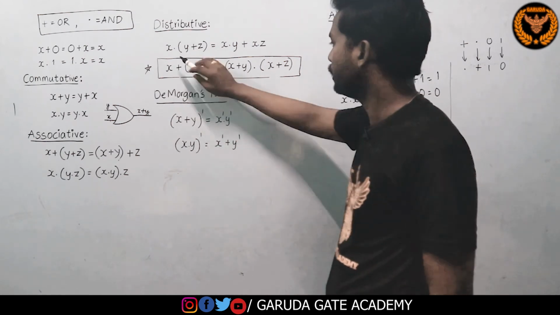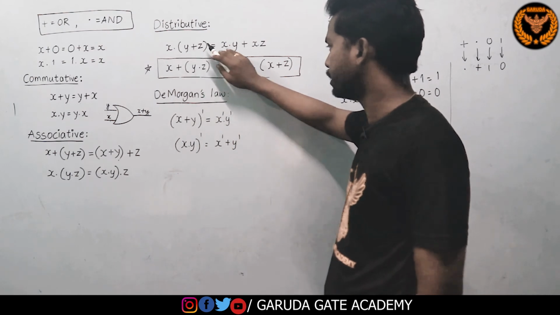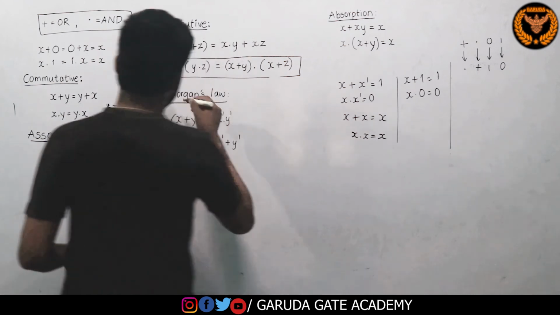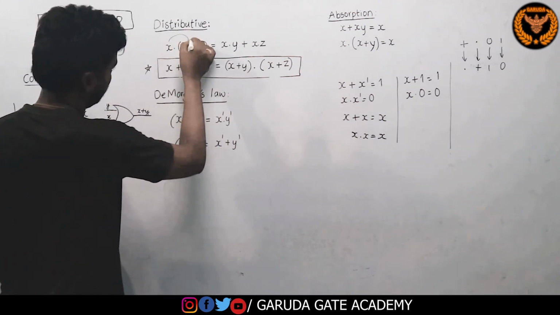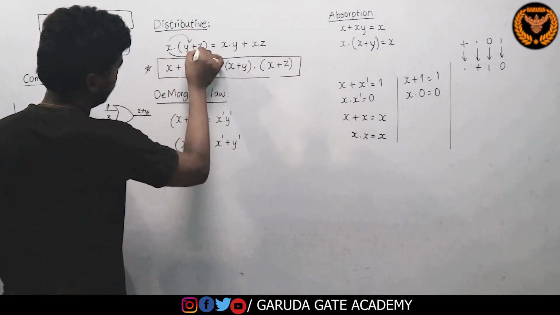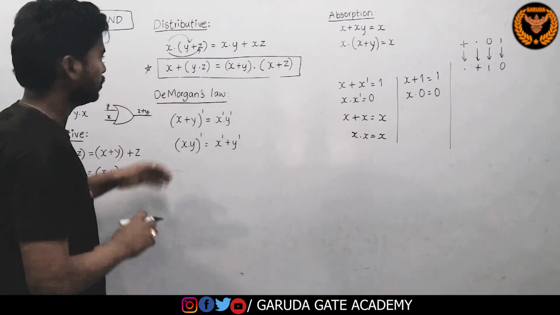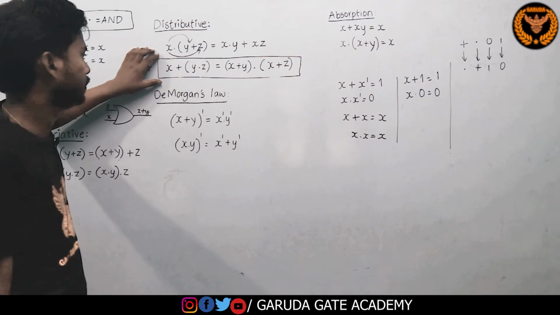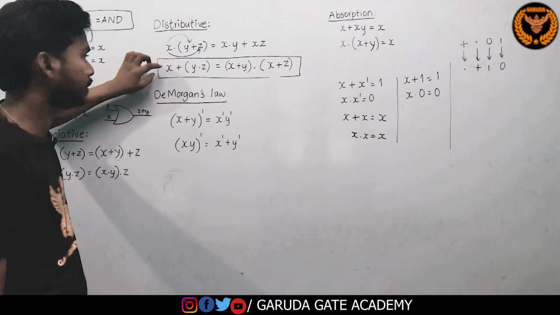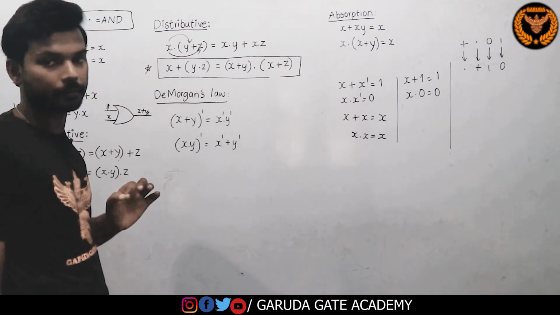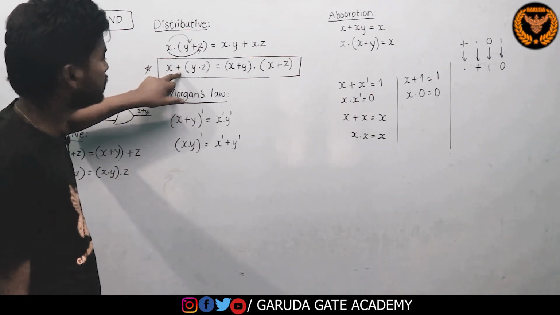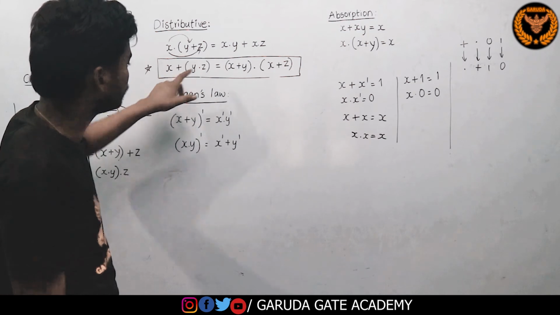So x dot (y plus z) is equal to x dot y plus x dot z. This is similar to ordinary algebra as well. Okay, but this one, the property which we're going to be discussing right here, this is not available in ordinary algebra. This is plus is distributive over dot.